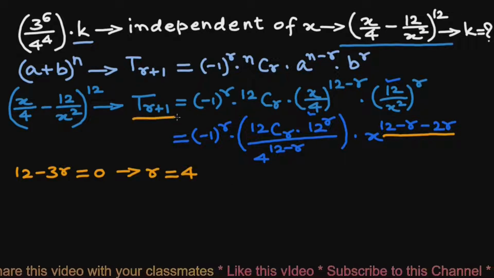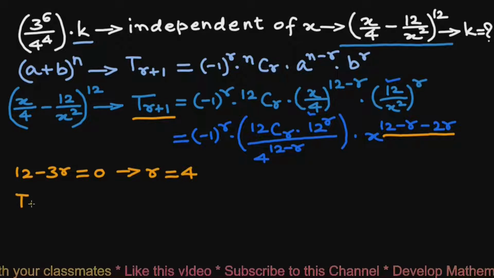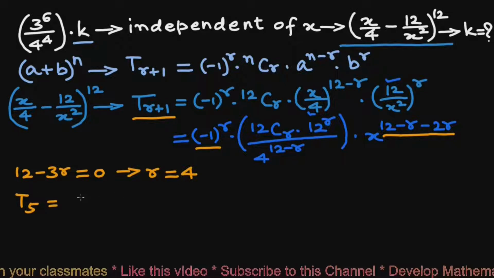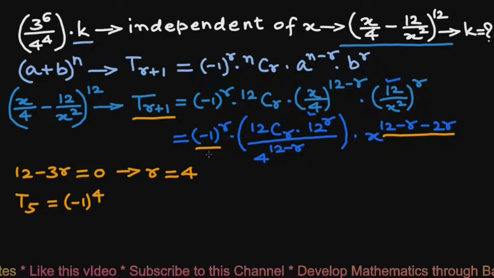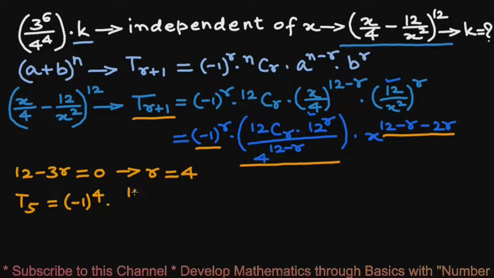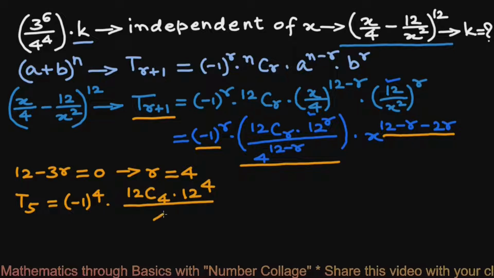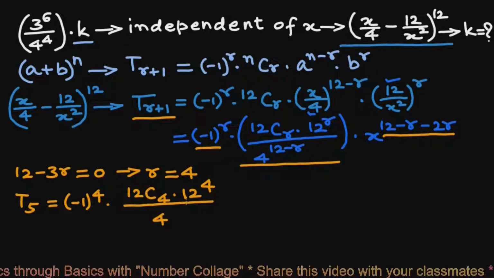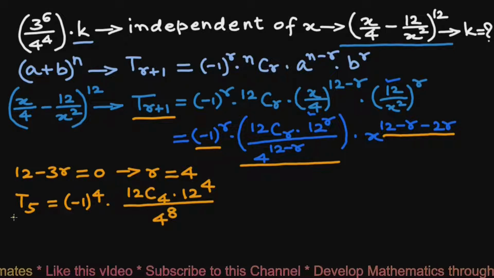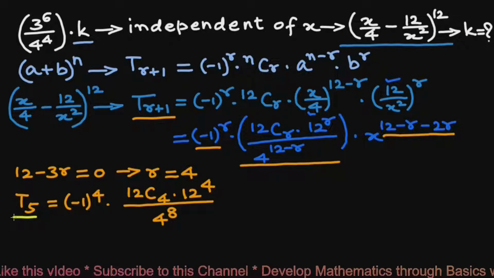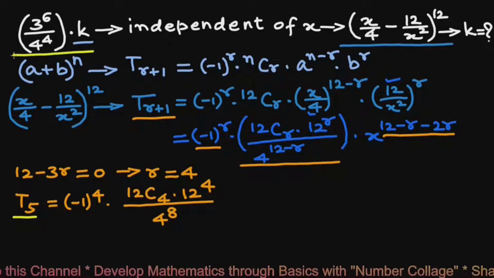Therefore T(r+1) will be T5 equals (-1)^4 times 12C4 times 12^4 upon 4^(12-4), that is 4^8. Here T5 is the term independent of x, which is given to be this term.